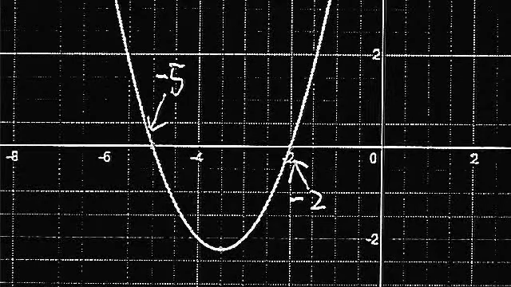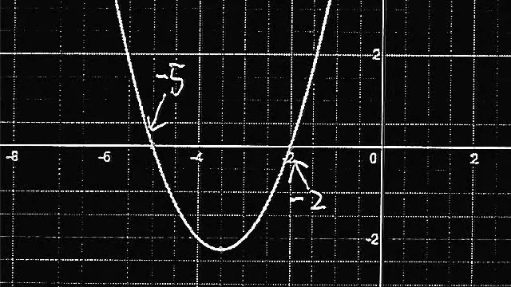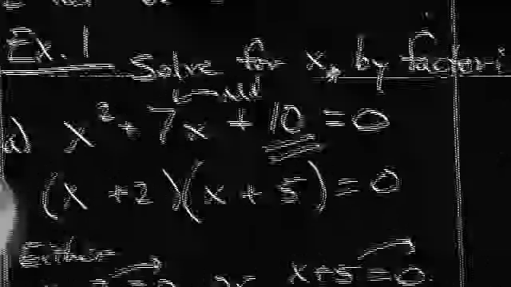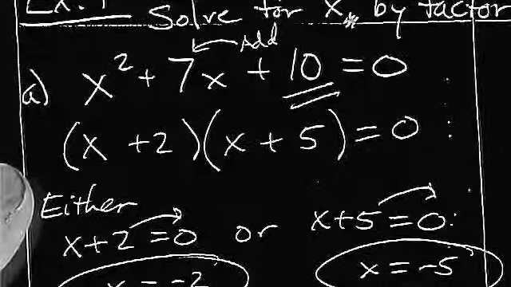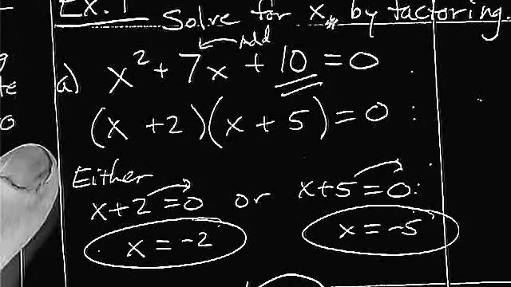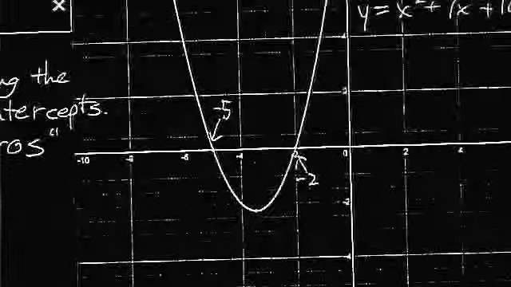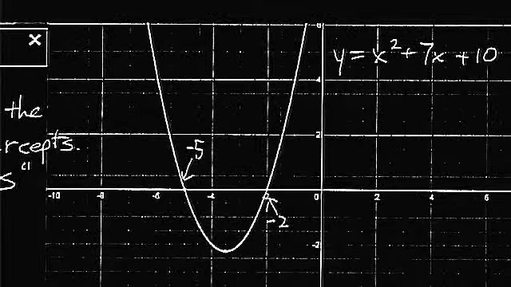So when you are solving these equations and finding out x is -2 and x is -5, I want you to keep in mind that that's like finding an x-intercept of a graph for this equation.